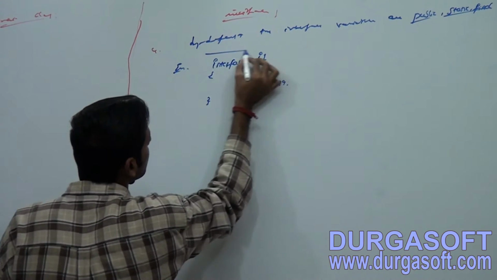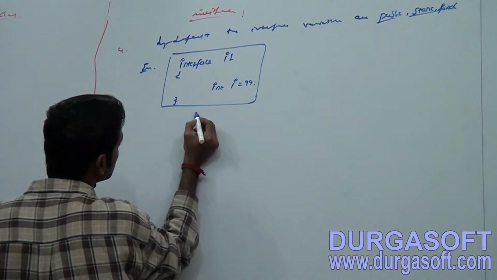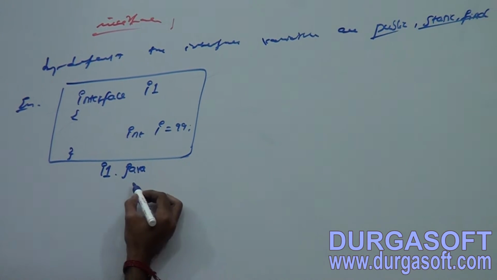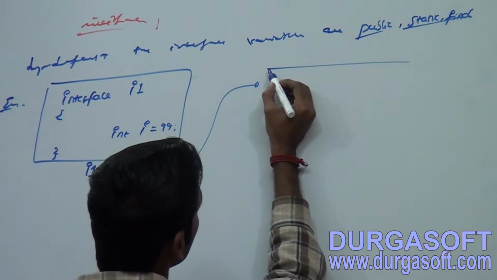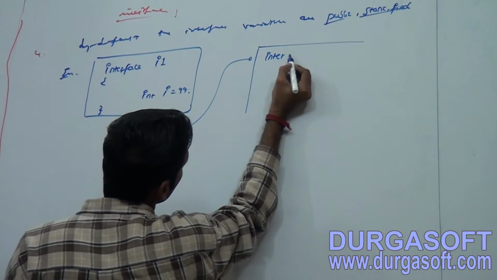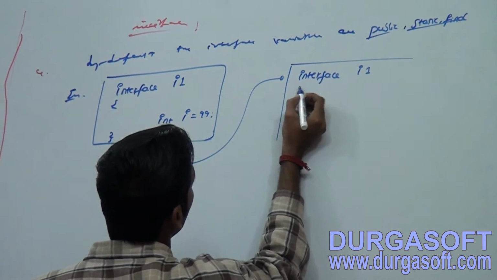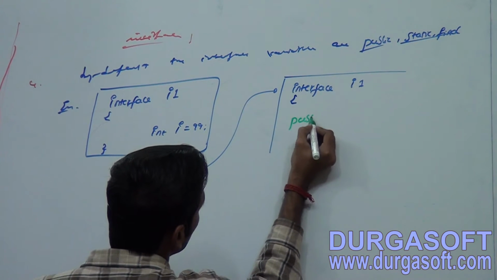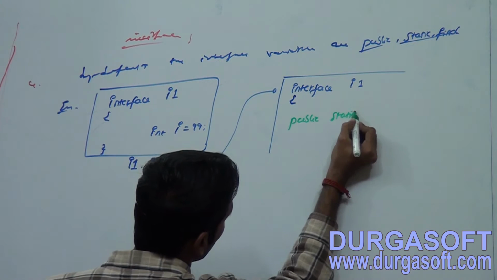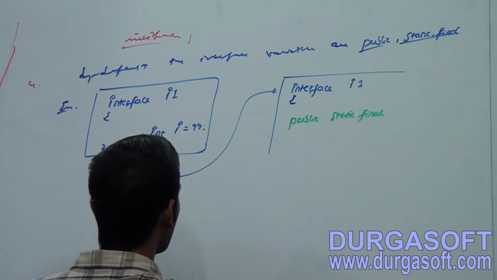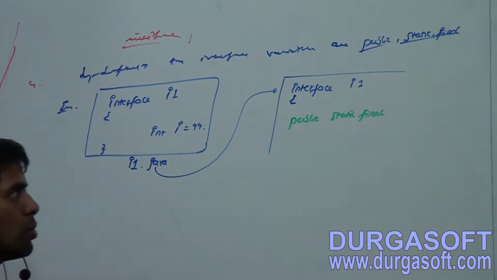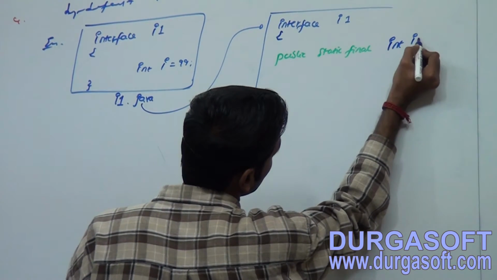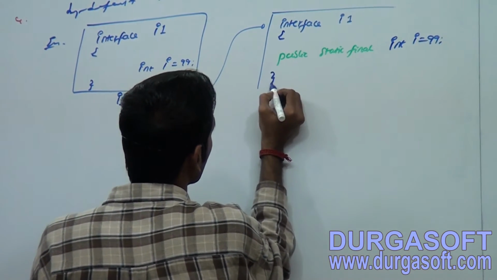Now if I compile this source file, let it be i1.java, within the .class file you will have public static final int i equals 99.